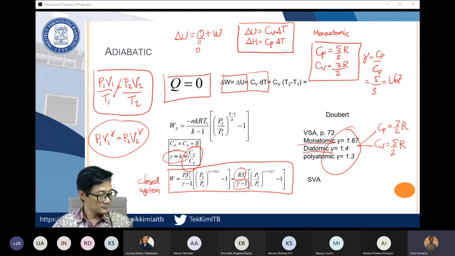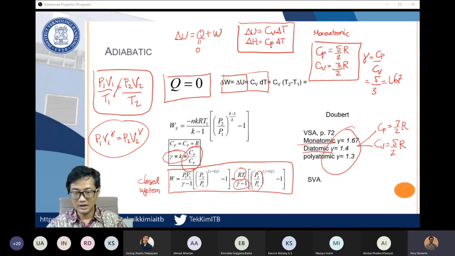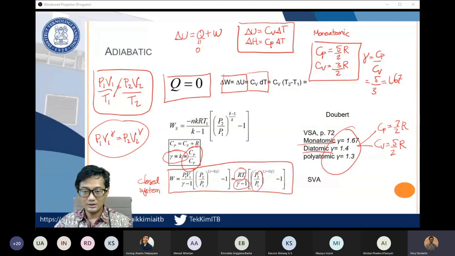Times, inside the bracket, the ratio of the pressure to the power gamma minus 1 over gamma, and then minus 1 in the end. Why is this formula very important? For most evaluations of compressors and expanders, turbines for example, we can predict the ideal performance based on this formula.